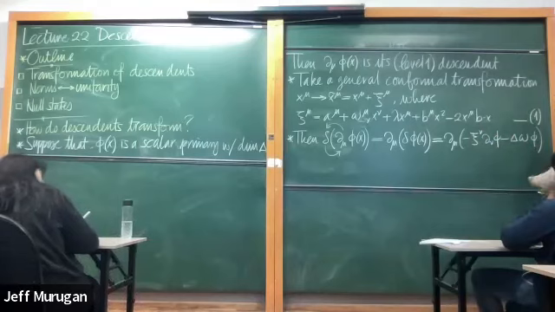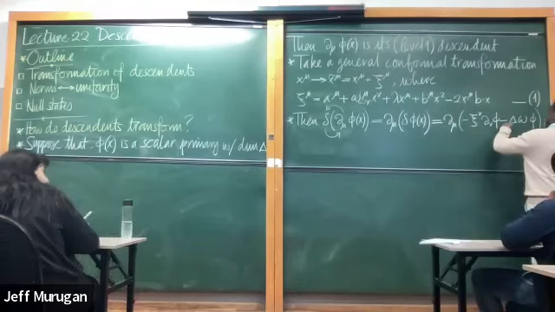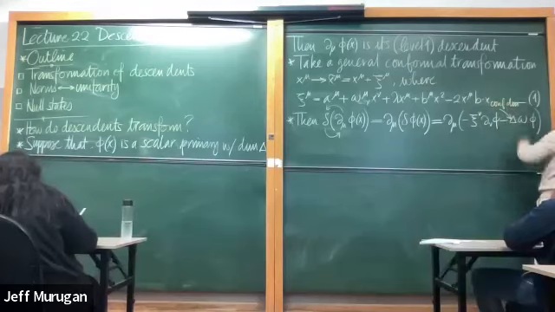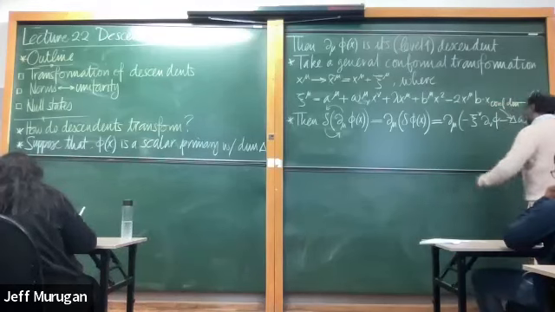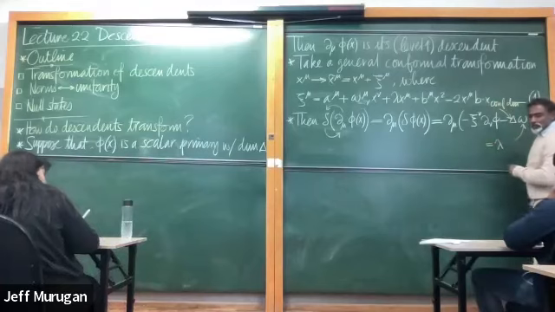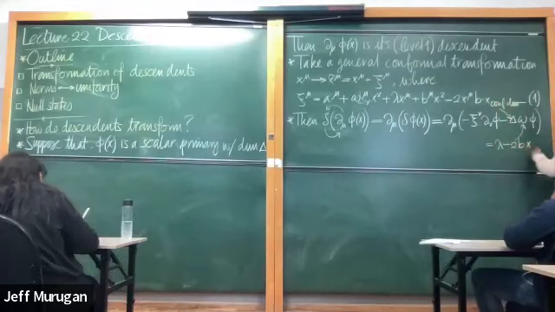Here delta is the conformal dimension of phi, and omega is just lambda minus 2 b dot x.